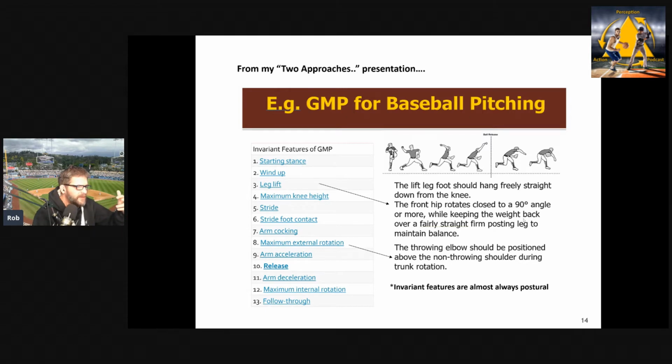And so, when we coach based on the idea of having a motor program, we usually specify a bunch of postures. You need to have your knees bent, your head down, right? This was an example I gave from baseball pitching. This was from an actual manual on how to coach baseball pitching, right? And what I said is that information processing approach tends to focus on postures, right?